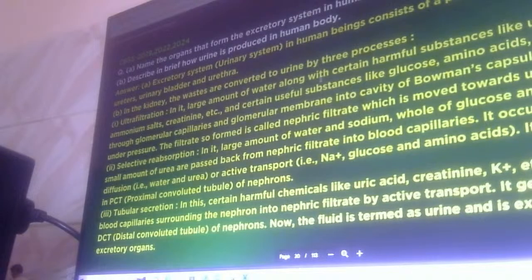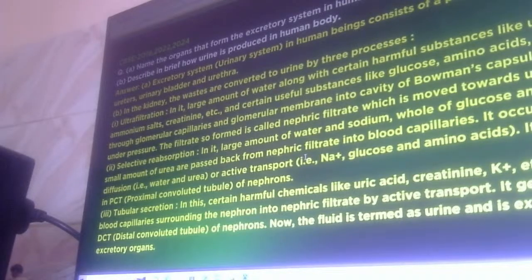Large amount of water, harmful substances, urea, uric acid, potassium ions, ammonium salts, unuseful substances, glucose, amino acids, etc. pass to the glomerular capillaries and into the Bowman's capsule.